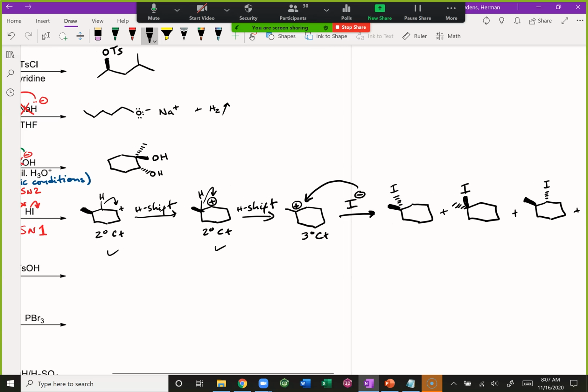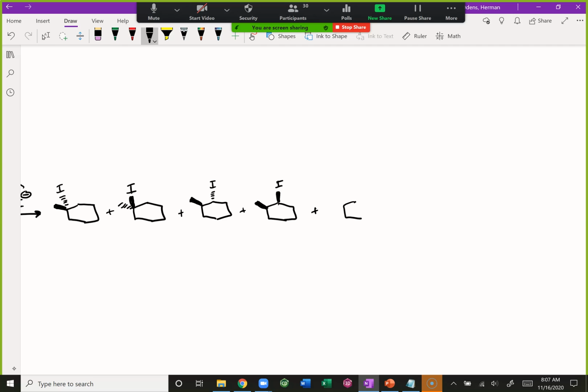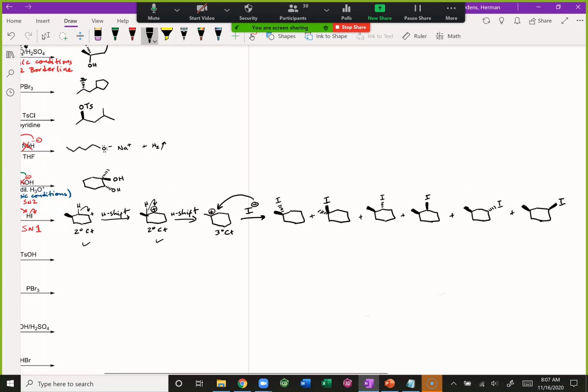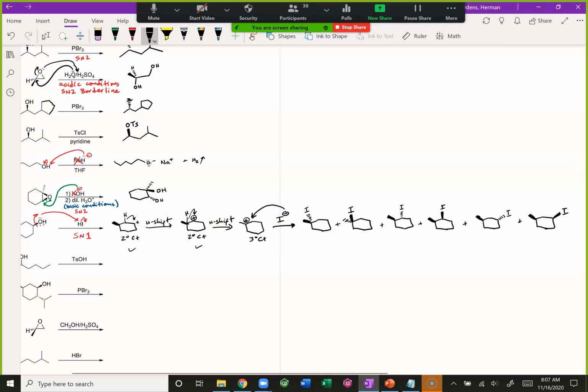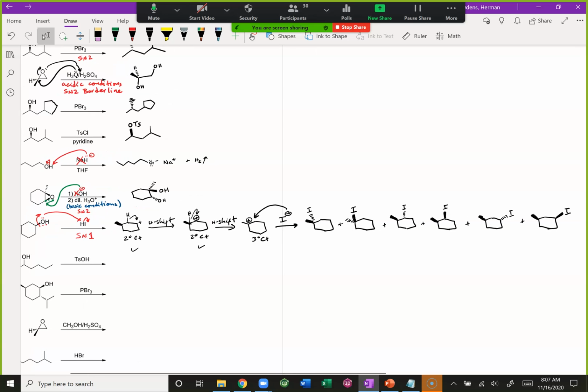And finally, the star carbocation. This one stays up, this one down, plus both up. So that's what you will get here. Terrible reaction. But nonetheless, good for teaching.